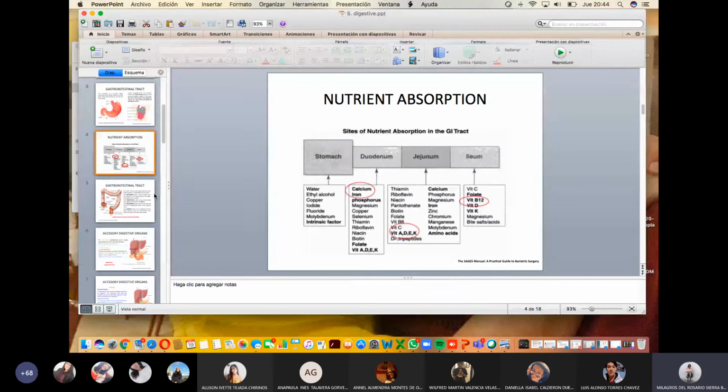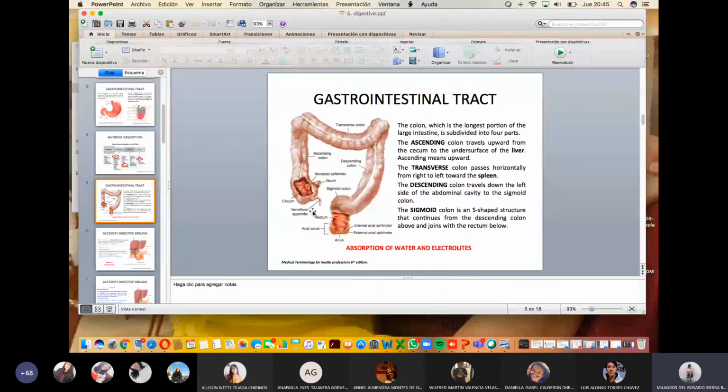And then we can talk about the large intestine, or the colon, where the main function is the absorption of water and electrolytes. You have the ascending colon, the transverse colon, the descending colon, and sigmoid.